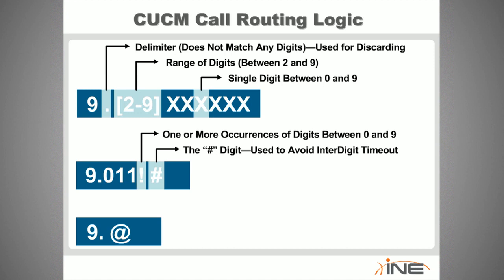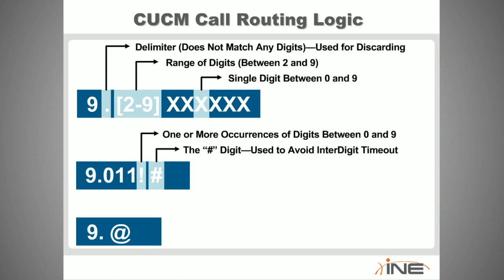Someone presses hash on their keypad. They want the call to go through immediately. They're just an end user. They don't even know necessarily what the term interdigit timeout is, but they just want the call to go through immediately, typically an international call where there are variable length addressing schemes. But what they're doing is actually dialing a DTMF hash, and we're matching the DTMF hash.